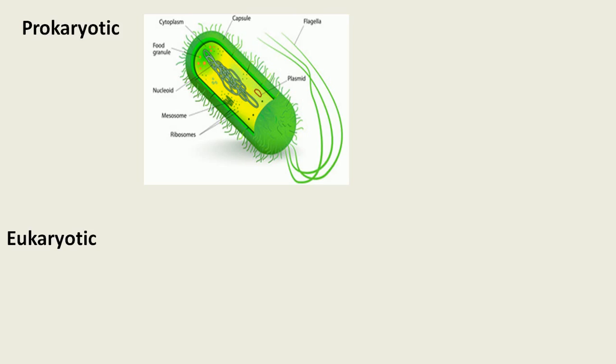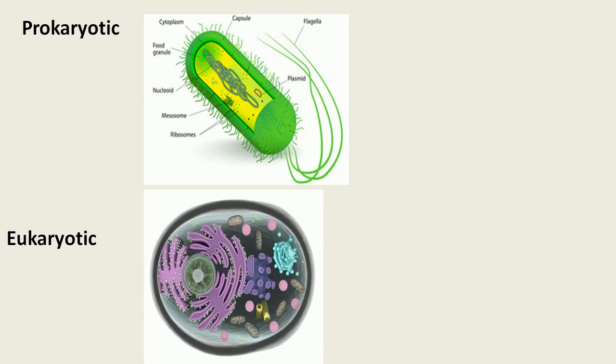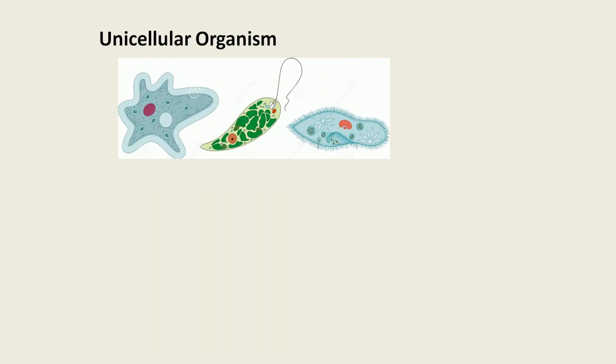Those organisms that have no nucleus, are microscopic in nature, with a size of about 0.5 to 1 micrometer, are put in one group, the prokaryotes. And the other is the eukaryotes. Eukaryotic means the cells of those organisms have a true nucleus, and they are put in another group, known as the eukaryotes.